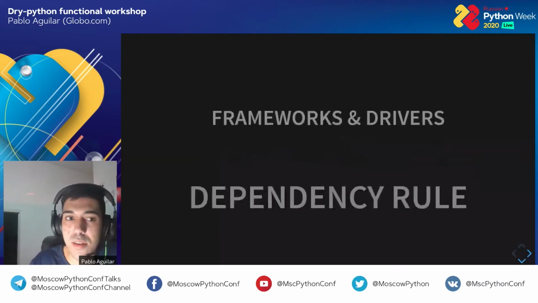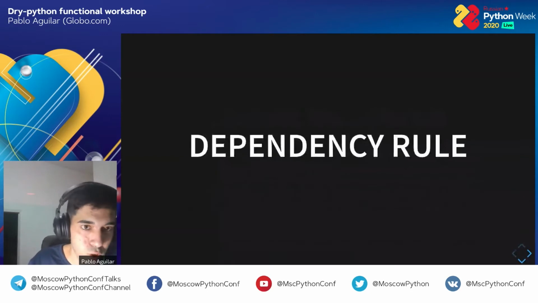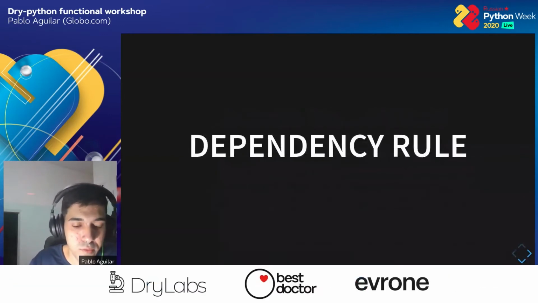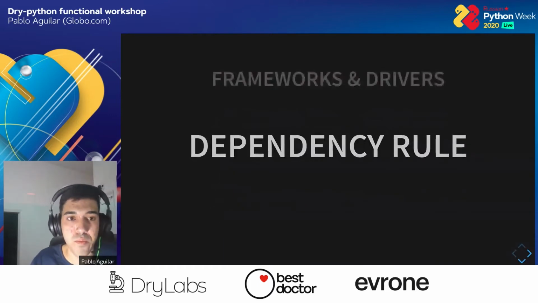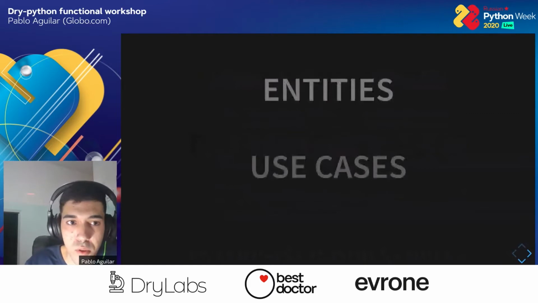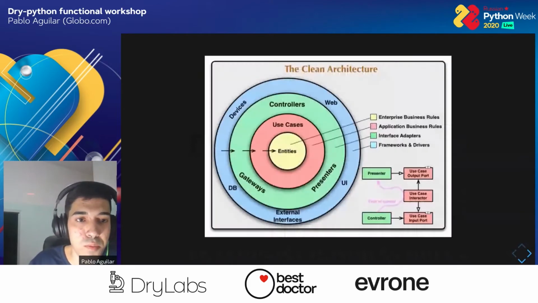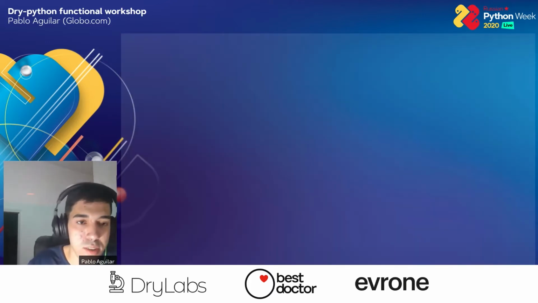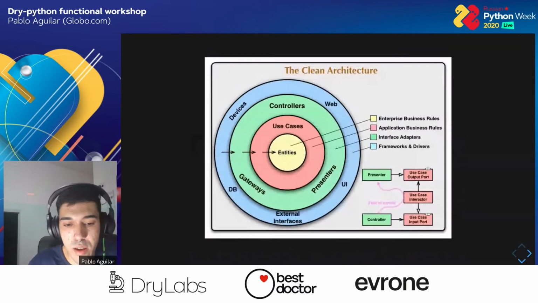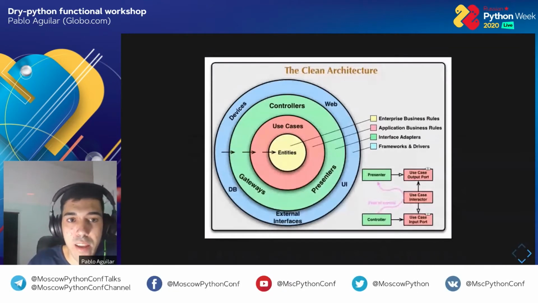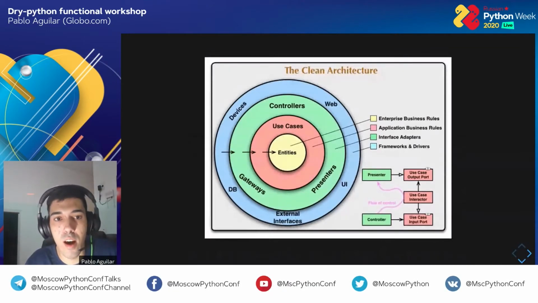And this is an important rule we have in the clean architecture. It's called the dependency rule. I'm going to go back to the schema here. The dependency rule is represented by these arrows in the circles. It tells us the innermost circle can't know about the outer circle.